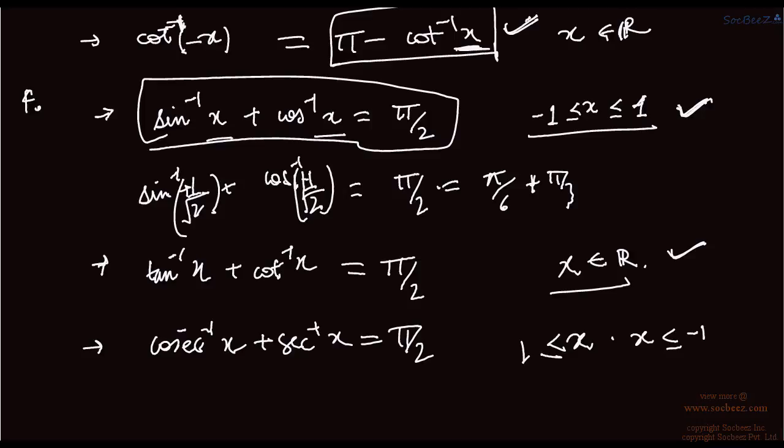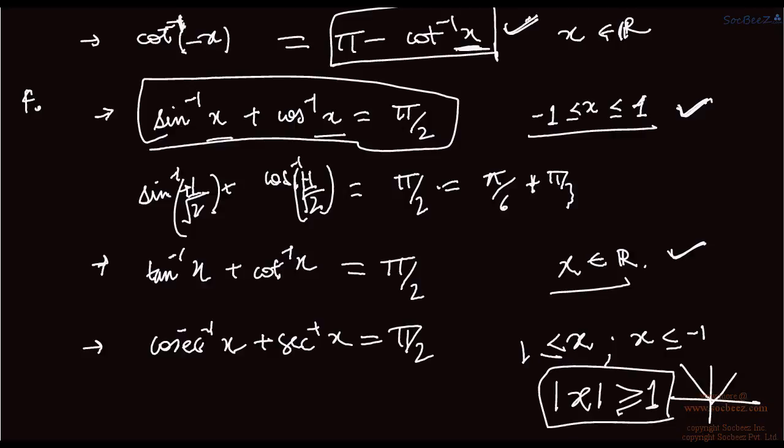This can also be written as mod x greater than or equal to 1. The graph for mod x is this and 1 is there. So this is the domain, except minus 1 to 1.